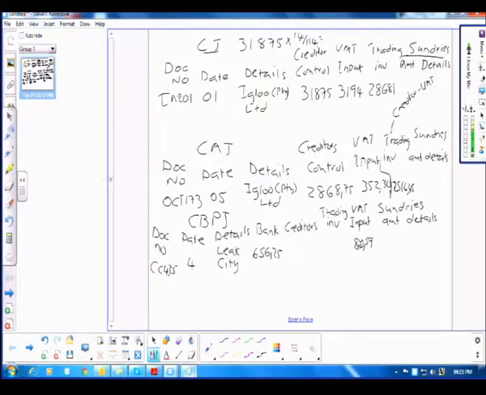So if you don't have a column for whatever you are purchasing, that will go to your sundries. So anything that doesn't have its own column will go to the sundries. All right. So under details, you describe it. So under details, we'll say repairs and maintenance.